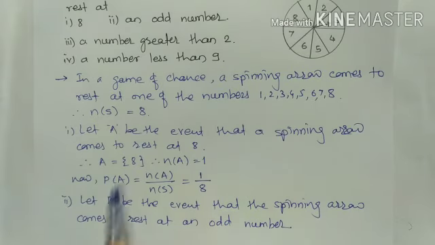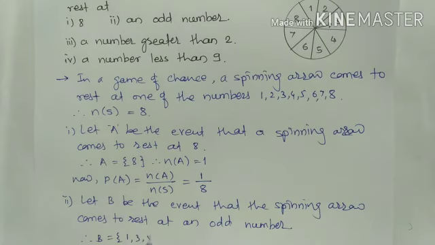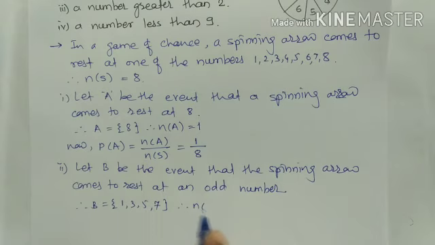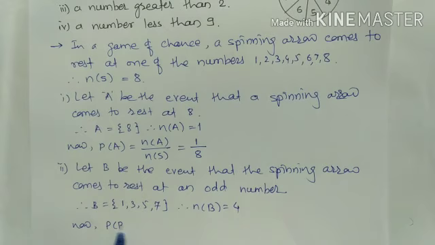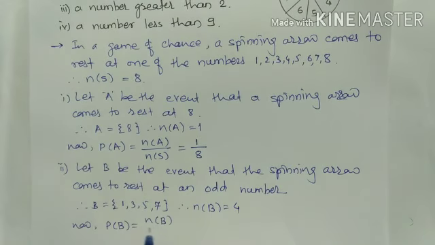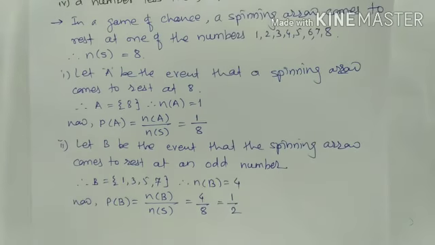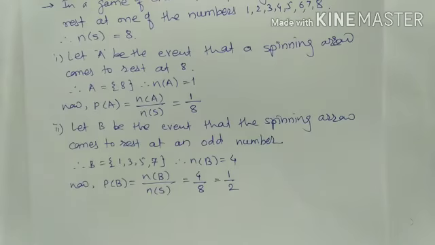See, the odd numbers from 1 to 8 are 1, 3, 5, and 7, and therefore number of B equals 4. Now, probability of B equals number of B upon number of S, that is 4 upon 8, and that is 1 upon 2. Therefore, the probability that the spinning arrow comes to rest at an odd number is 1 by 2.